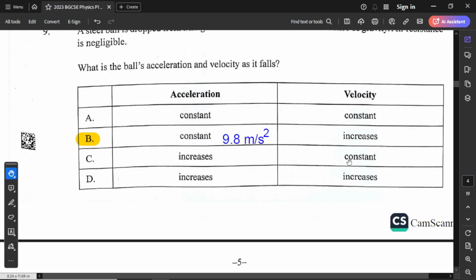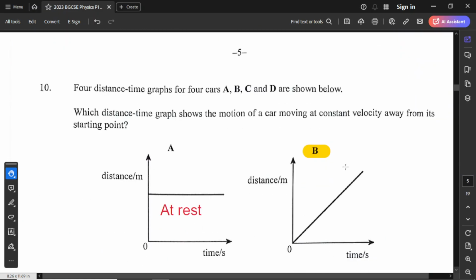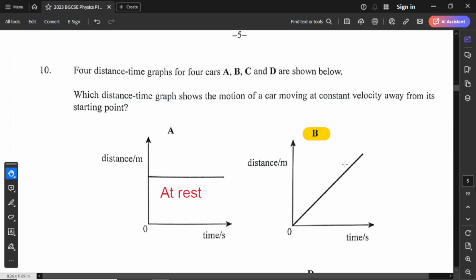All right. Now for question number 10: 4 distance-time graphs for 4 cars A, B, C, and D are shown below. Which distance-time graph shows the motion of a car moving at constant velocity away from its starting point?